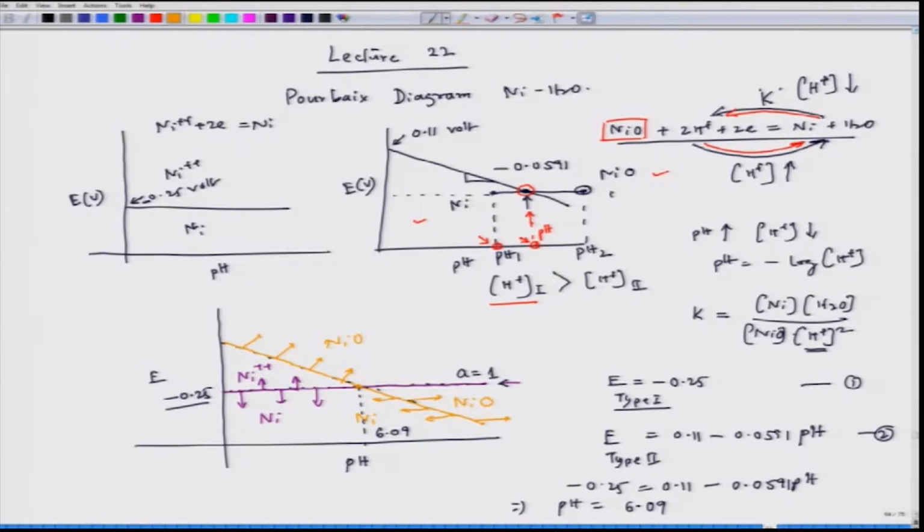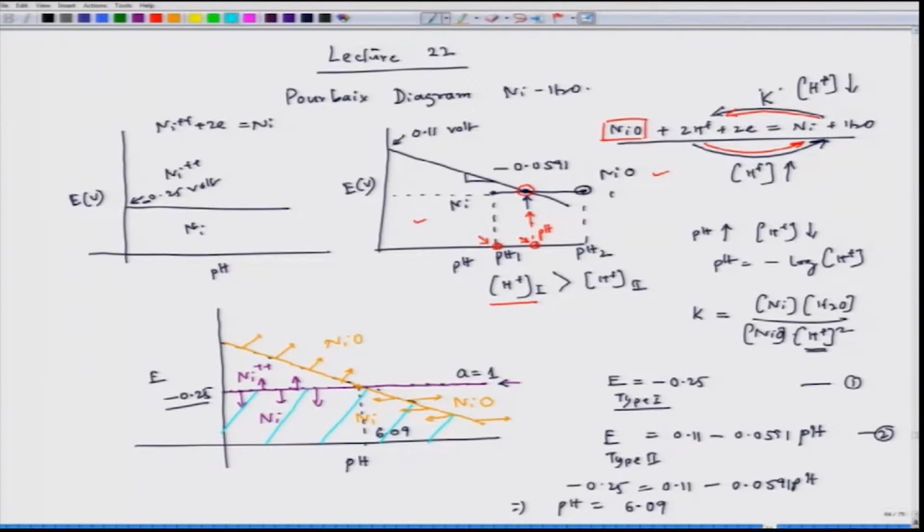Now, we see that in this zone we have no confusion, because here we do not have any Ni plus plus or NiO.